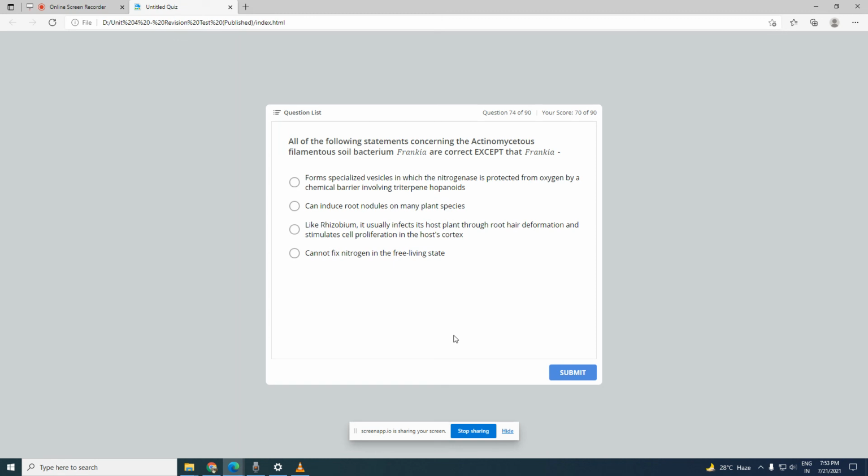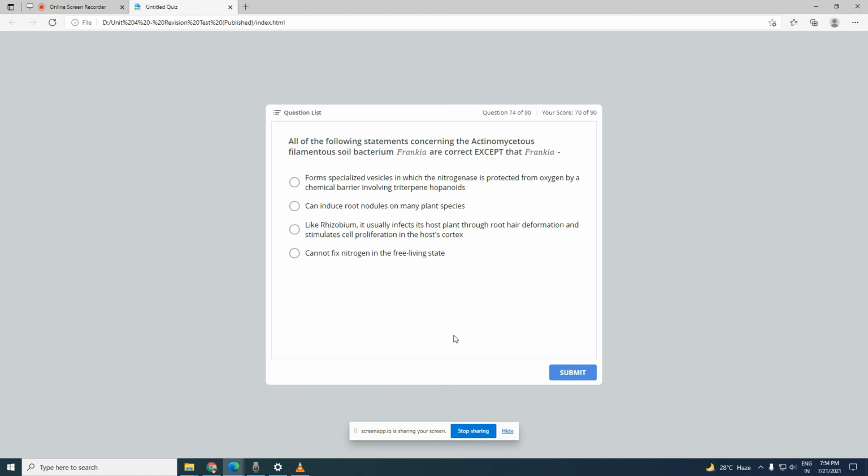Option B, can induce root nodules on many plant species. Option C, like rhizobium, it usually infects the host plant through the root hair deformation and stimulates the cell proliferation in the host cortex. Option D, cannot fix the nitrogen in the free living state.